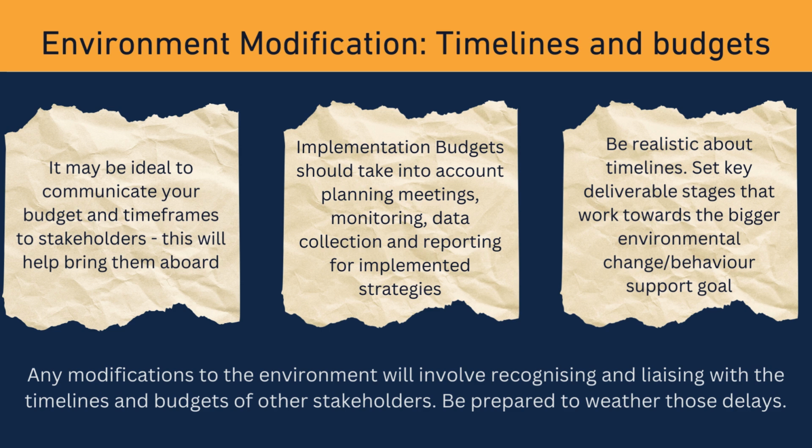Be really realistic about your set timelines. Set your key deliverable stages so they work towards a bigger environmental change or behaviour support goal. And I encourage you to watch the micro learning that talks about conceptualizing and designing implementation.